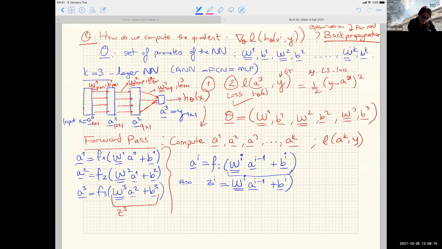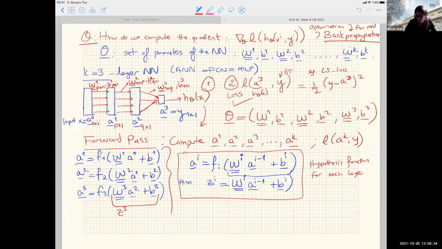And this is actually the hypothesis function for each layer, in a way, if you think of it layer by layer, for each layer in an MLP or in an ANN, let's say artificial neural networks, or fully connected layer networks, however you want to call it.